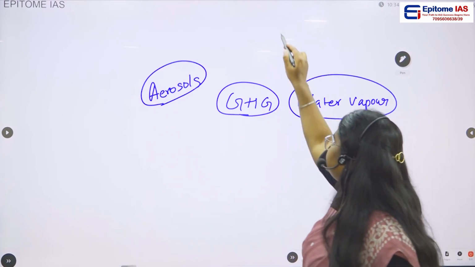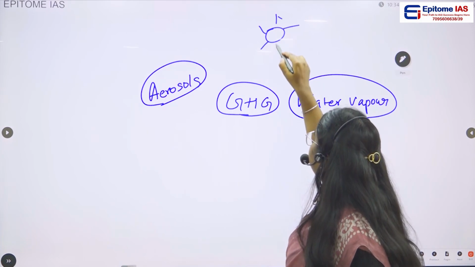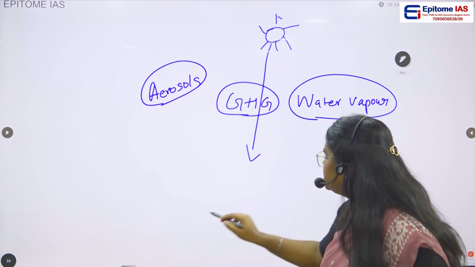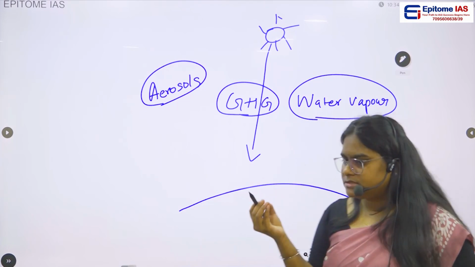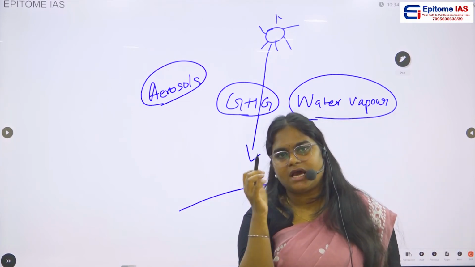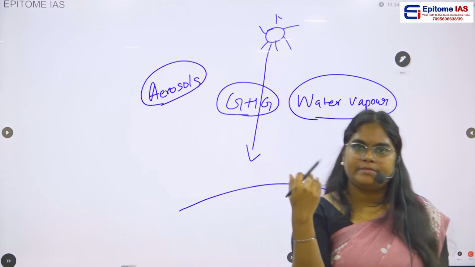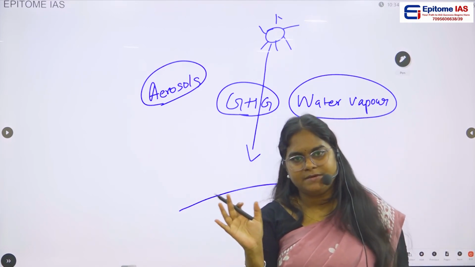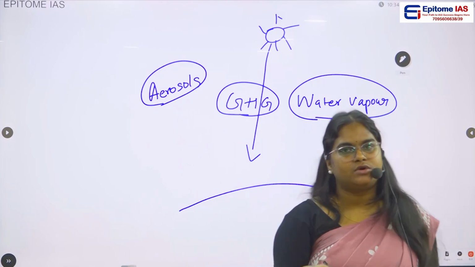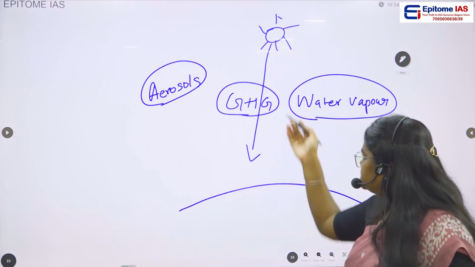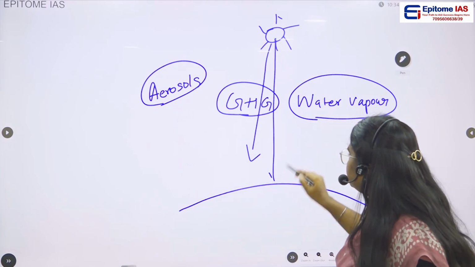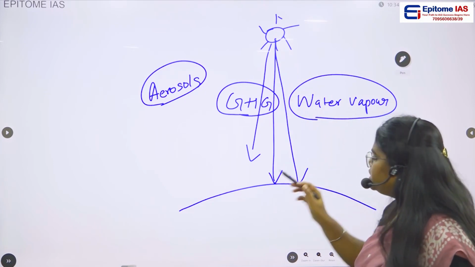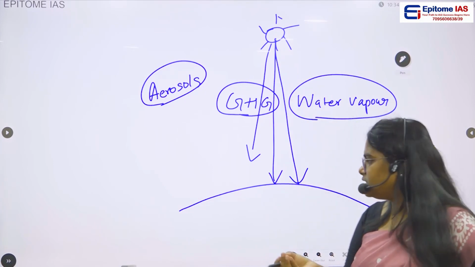So what happens is the incoming solar radiation passes through the atmosphere, and some of it is reflected back or absorbed by the atmosphere itself, and some of it is scattered by the dust particles or aerosols. Only some of the insolation actually reaches the earth's surface. We saw this in yesterday's class.